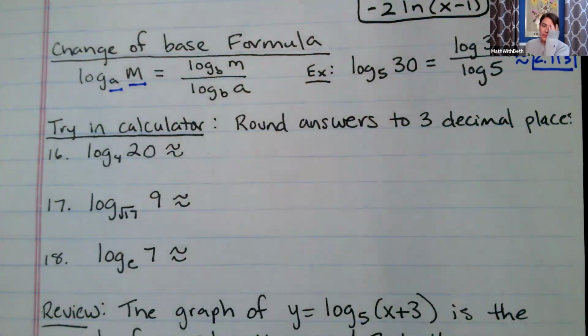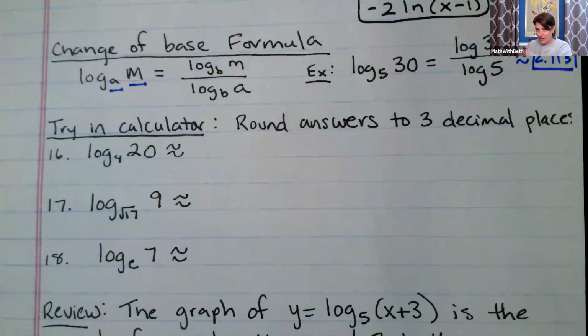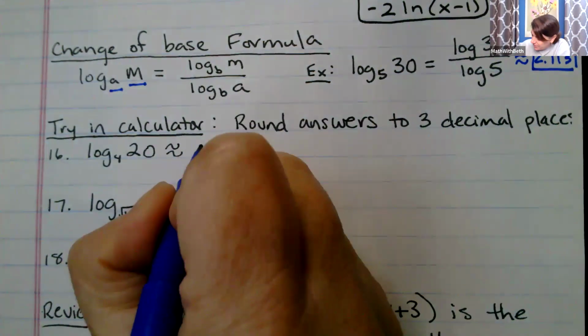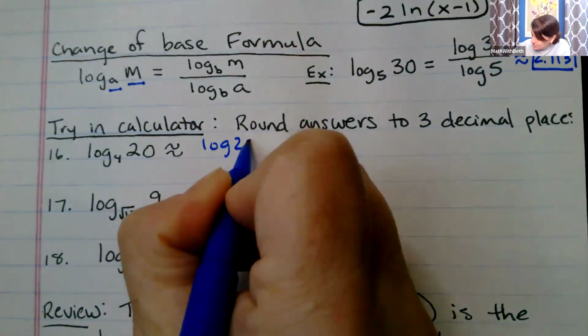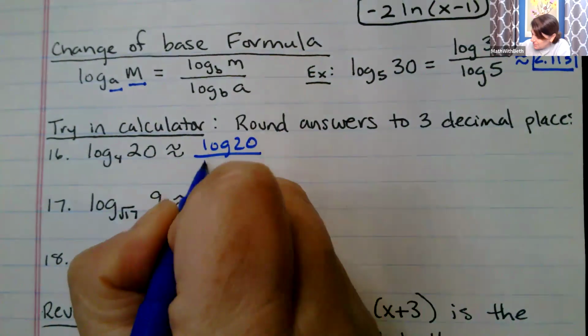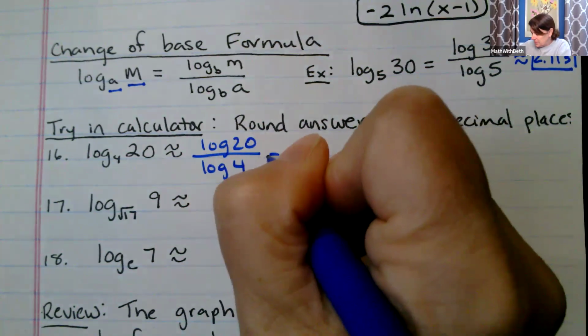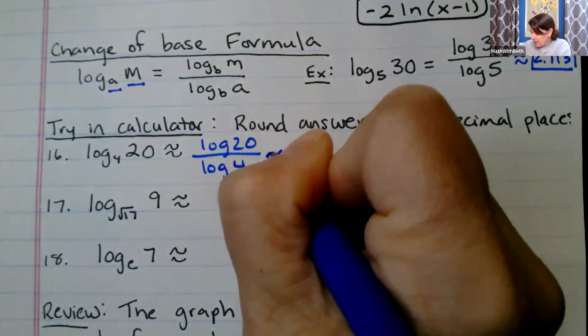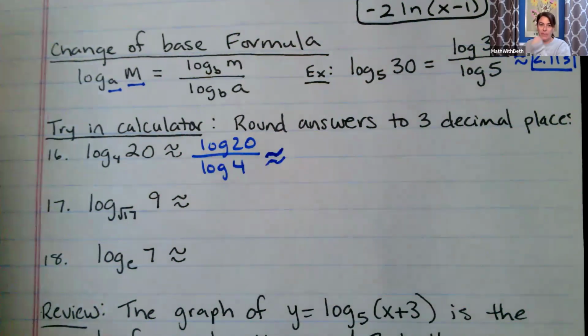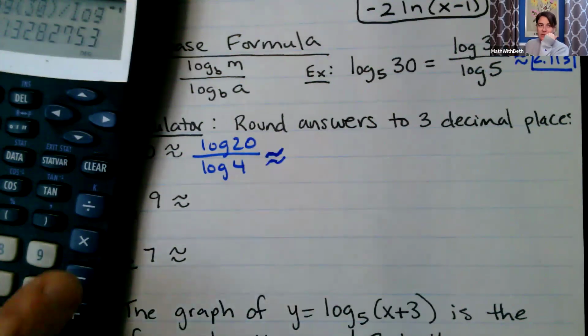Okay, so this is just really practice using the change of base formula and then seeing if you can put it in the calculator correctly. So definitely get out a calculator and try these real fast. So first of all, you can rewrite this as log 20 divided by log 4. And again, instead of equals, because we're definitely going to round, I'm going to put about. That's what the squiggly lines mean.